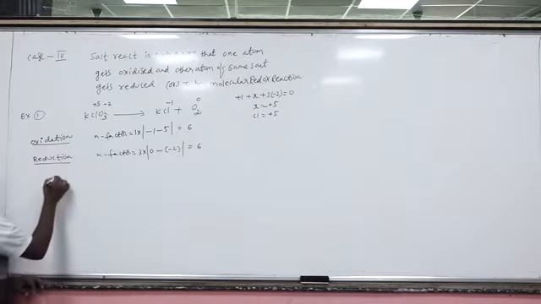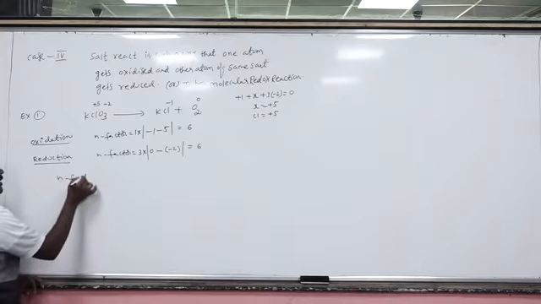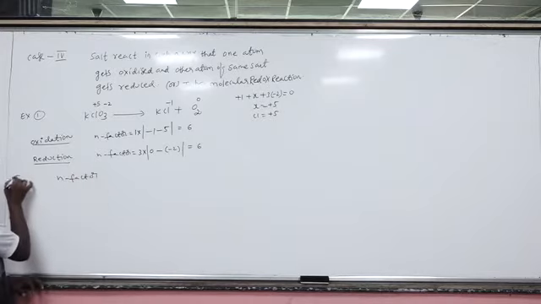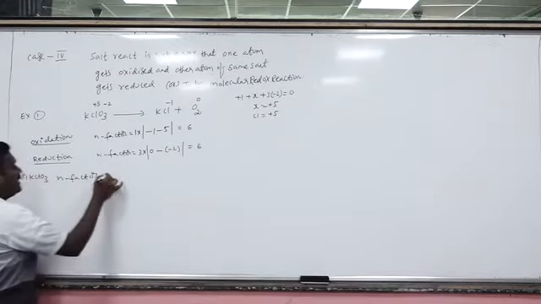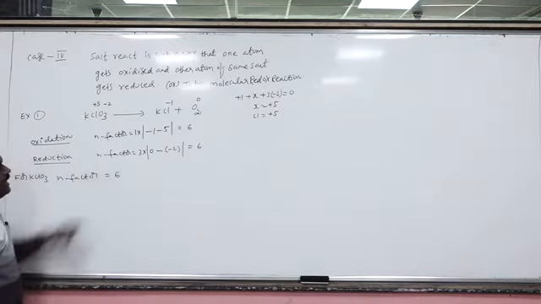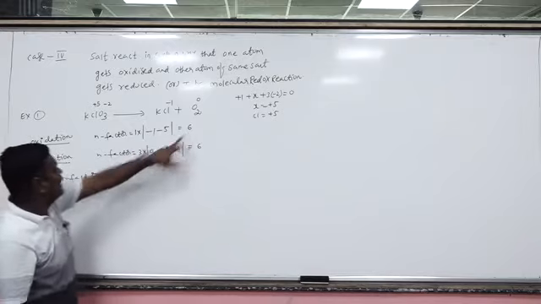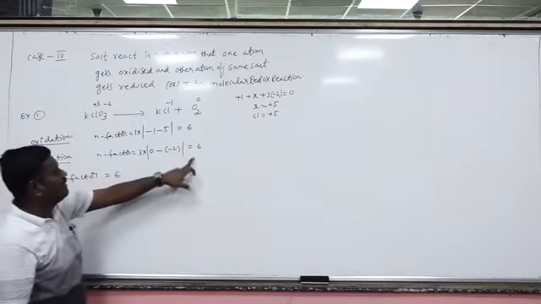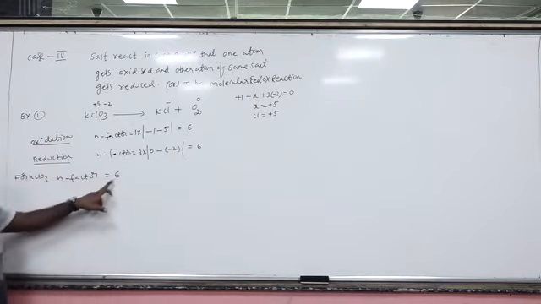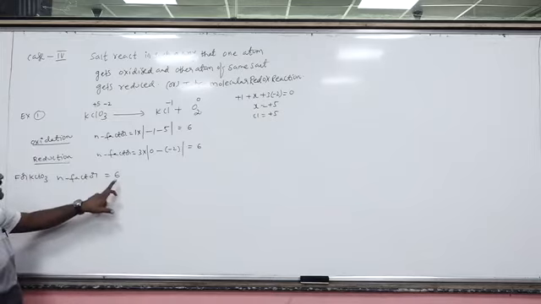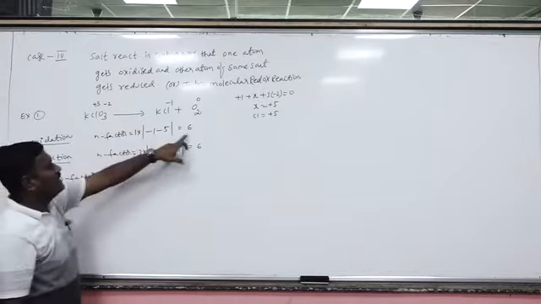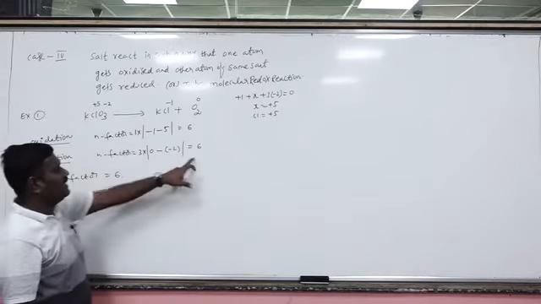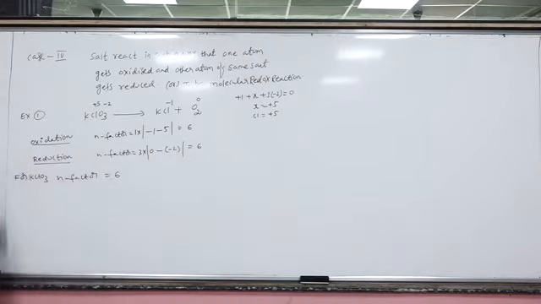So therefore, the N factor for potassium chlorate is equal to 6. That means 6 electrons are lost in oxidation or 6 electrons are gained in reduction. Are you getting my point?